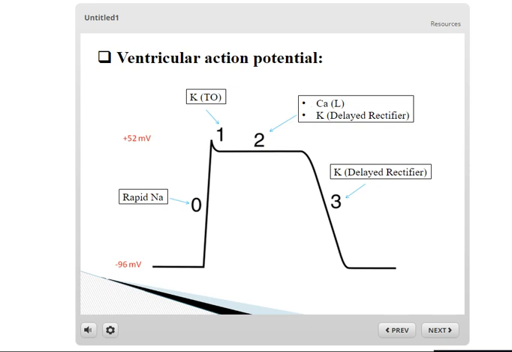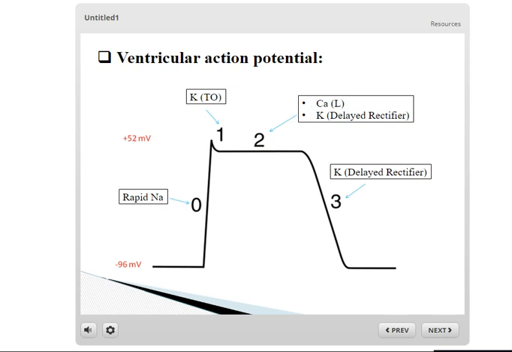So in the plateau phase we have an entrance of calcium ions into the cells balanced by the outward flow of potassium from the cells. These ion currents create the plateau phase of the action potential.